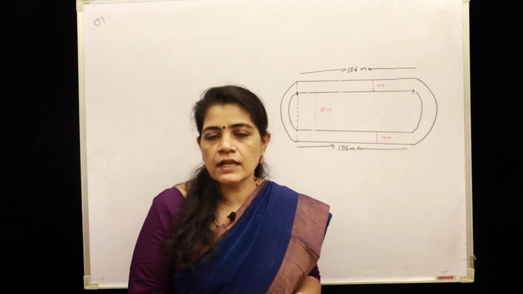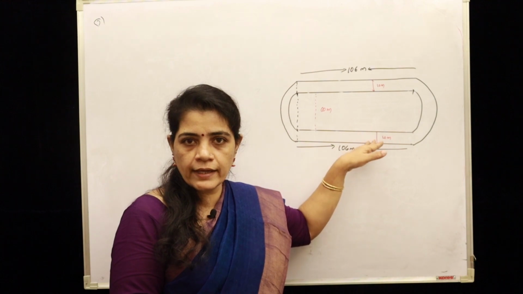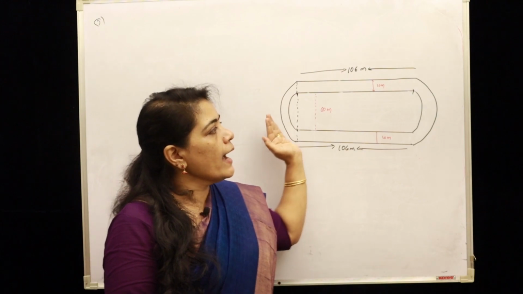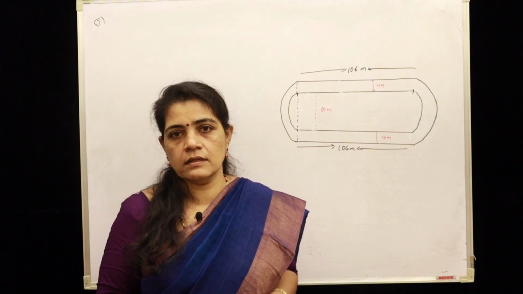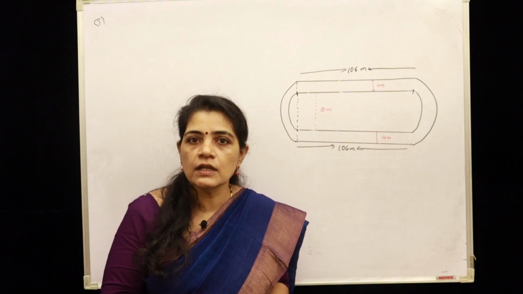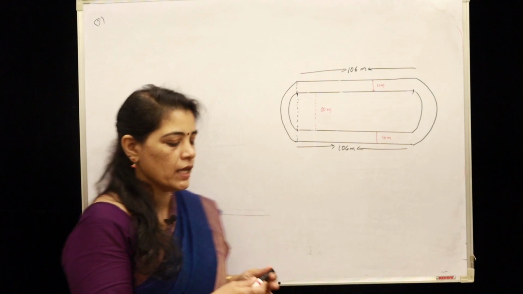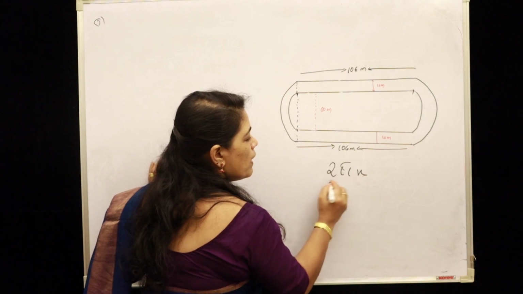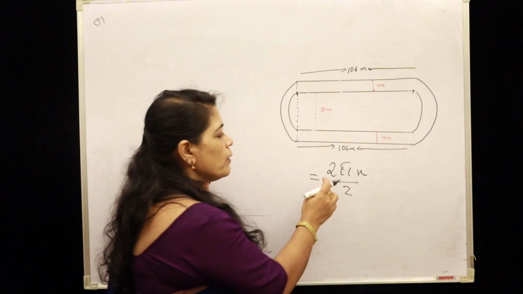From this explanation it is very clear, you have to add 106 plus 106, these two lengths of the track on both sides of the inner edge, plus the distance around the two semicircular edges. A semicircle is half of a circle, so its circumference is 2 pi r by 2, that is pi r.